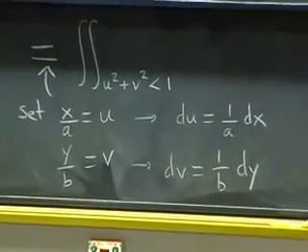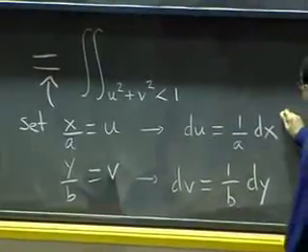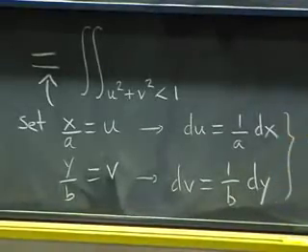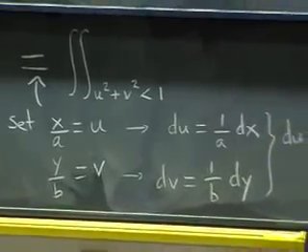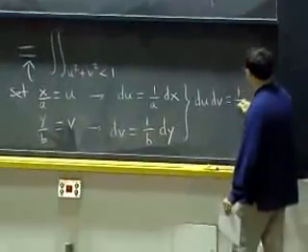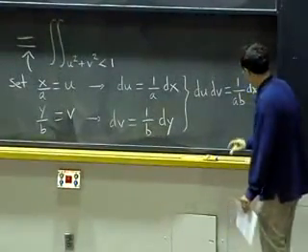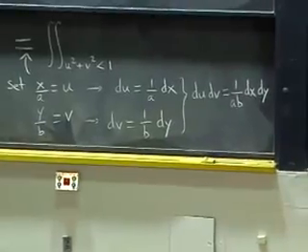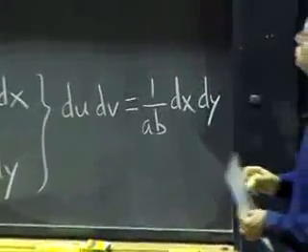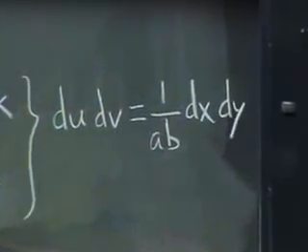It's very tempting to write, and in this particular case we can write, that du dv is 1 over ab dx dy. So let me rewrite that.